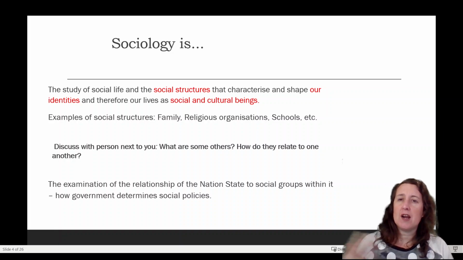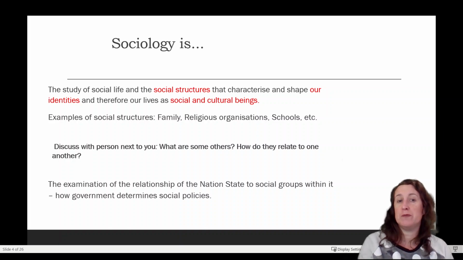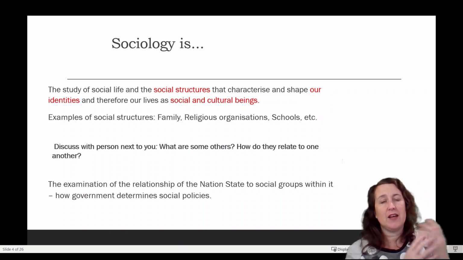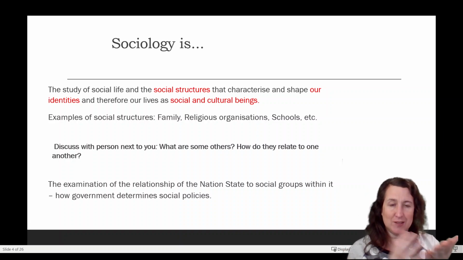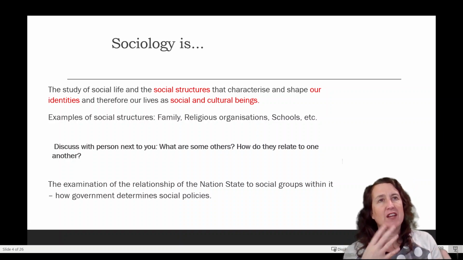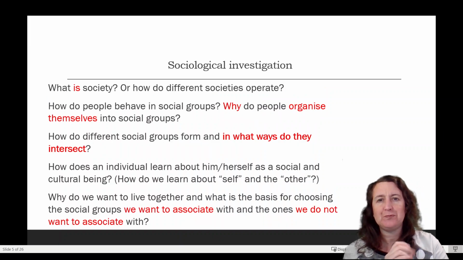So part of what sociology does is look at the examination of the relationship of the nation state to the social groups within it, and we've seen that a lot of people are doing some examination between the nation state and women as a social group at the moment, and how the government determines or doesn't determine social policy.